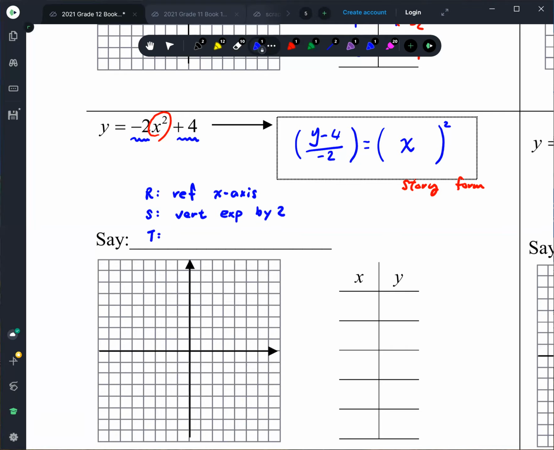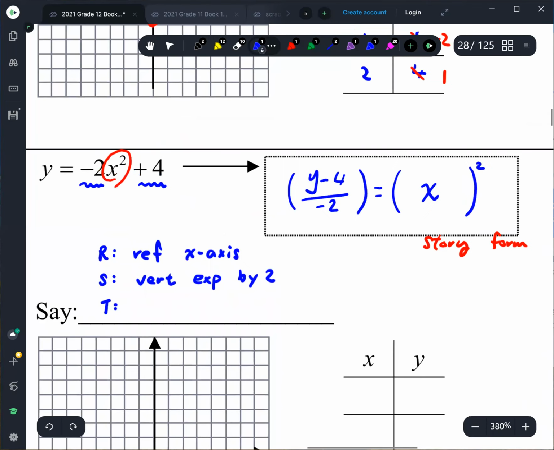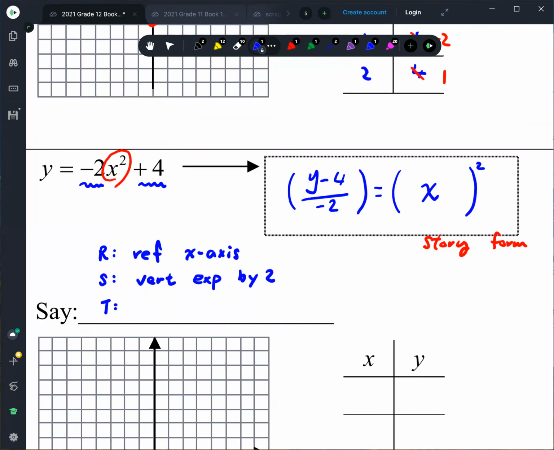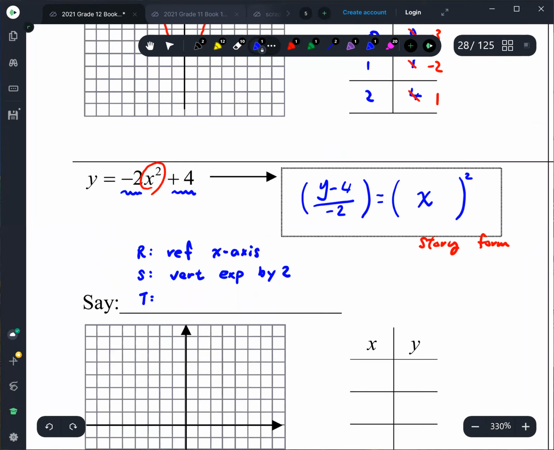Okay, for translation, you need to look at where in the story form. You don't need to tell me the numbers. You need to look inside the story form, which part do you look at? Do you look at the -4 or do you look at the -2? The -4. Yeah, you need to look at the -4, right?